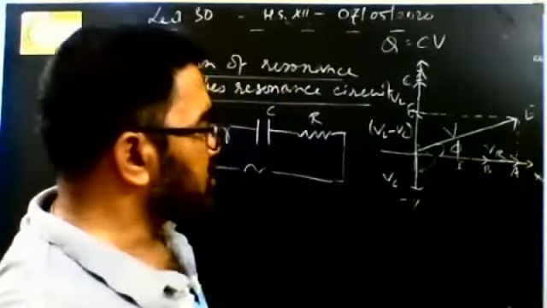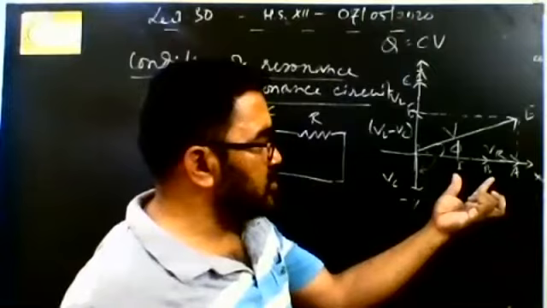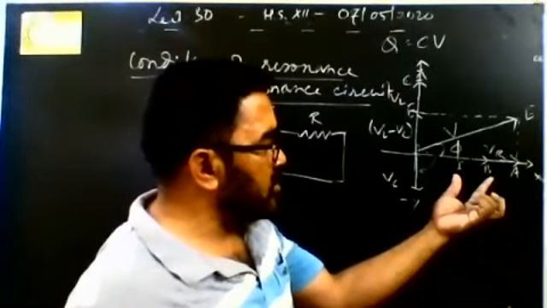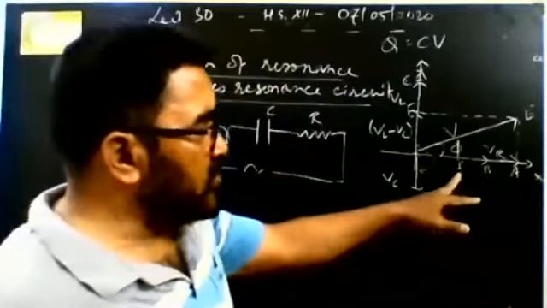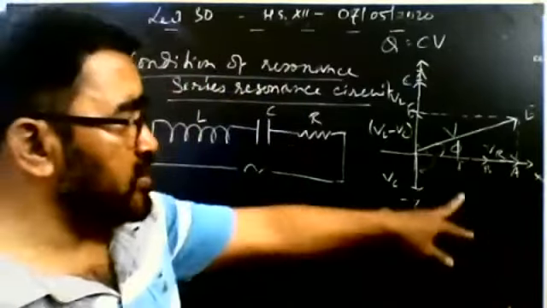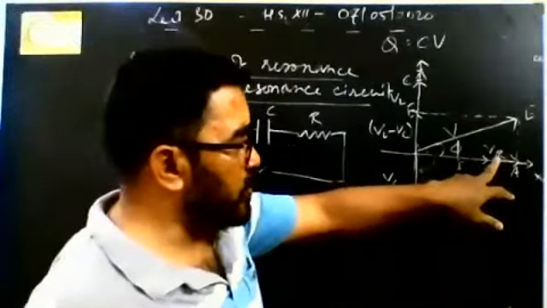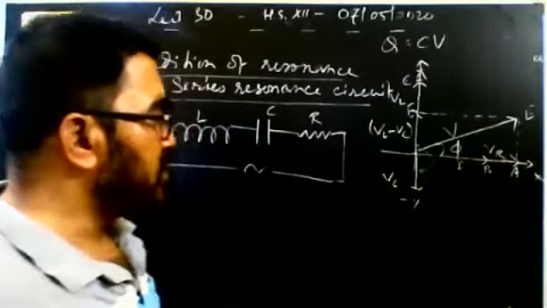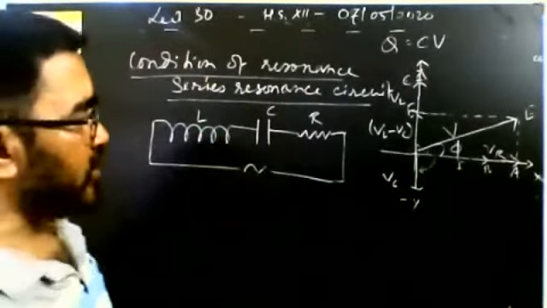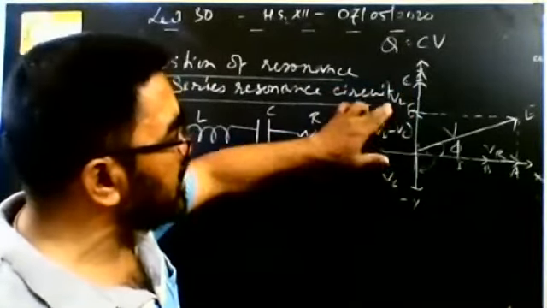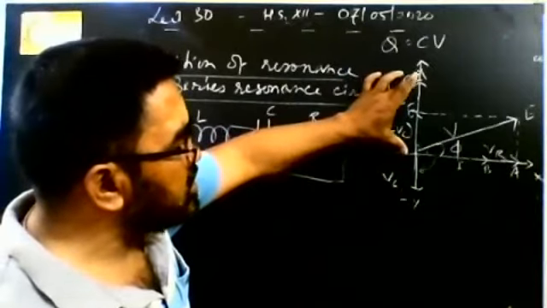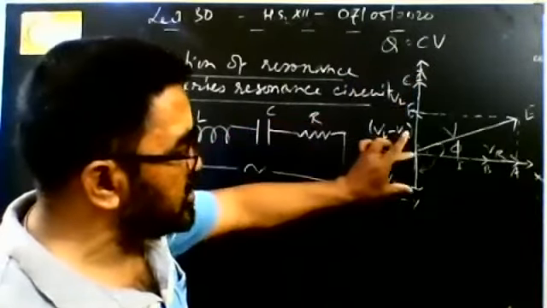Okay. So here current and voltage through the resistor are in the same direction because there is no phase difference between current and voltage VR. Okay. So finally, we got VL minus VC. This is the resultant of VL and VC because VL is this much amount and VC is this much amount.